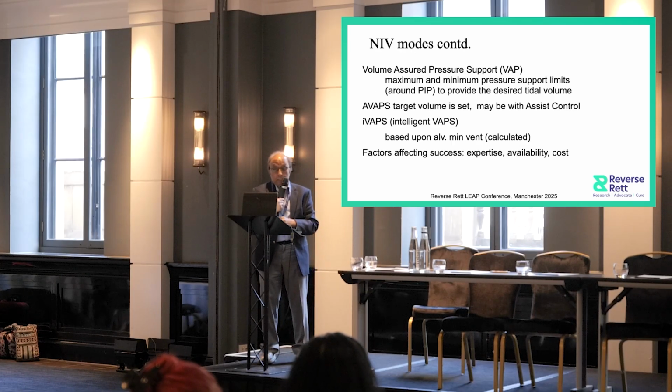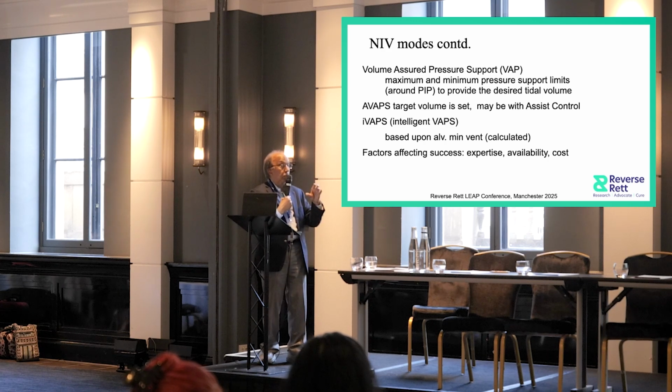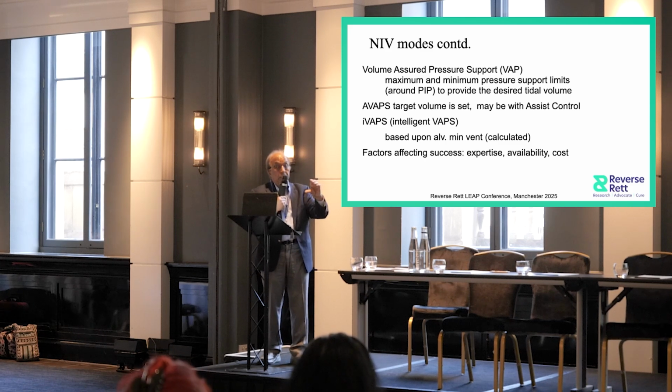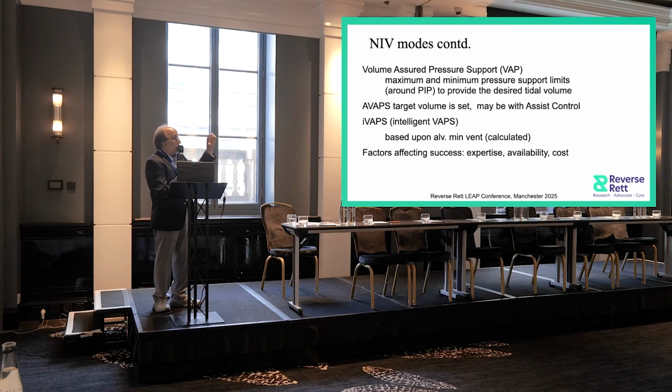Another mode is called volume assured pressure. So you decide, okay, my patient needs 300 cc of air. You're telling this ventilator, my finger is the upper limit of the pressure, my thumb is the lower limit of pressure. You can't go beyond this. This is the range.